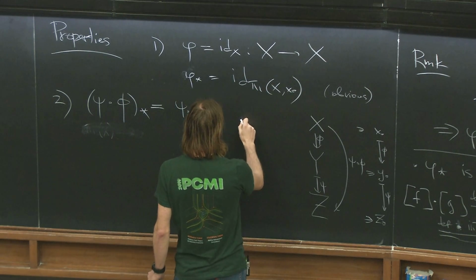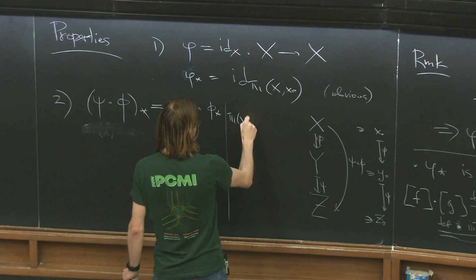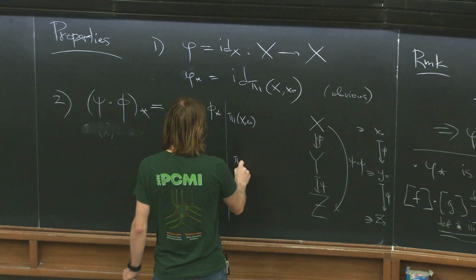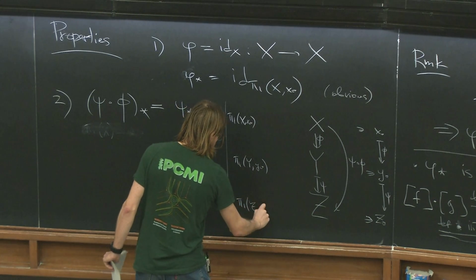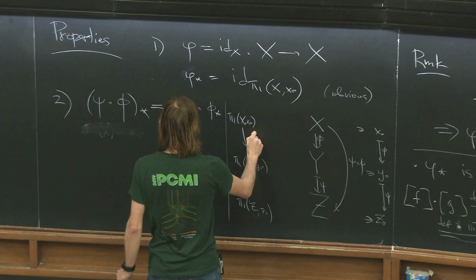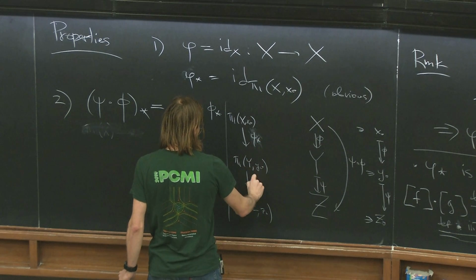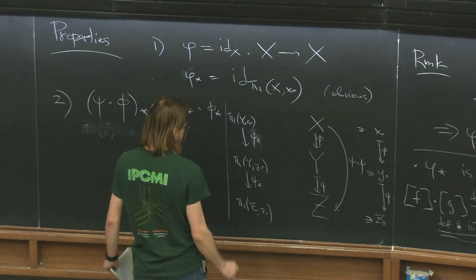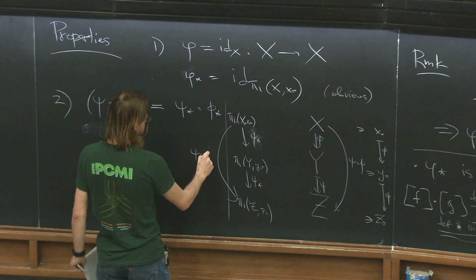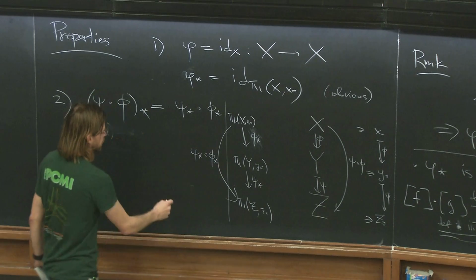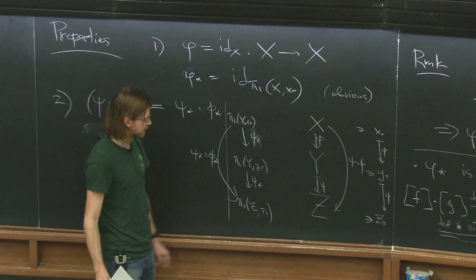Consider pi 1 of X, x0, pi 1 of Y, y0, and pi 1 of Z, z0. So here we have phi star, psi star, or we can go directly using psi composed with phi, star. And the statement is that this diagram is commutative, so you can go either like this or like this, and you get the same.